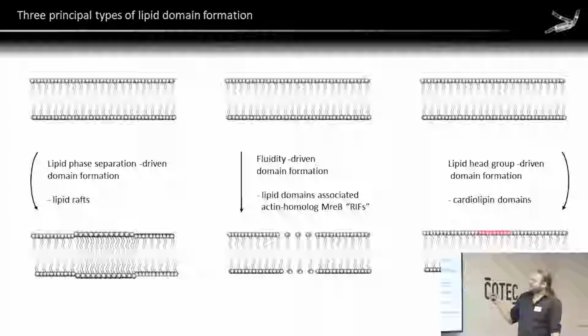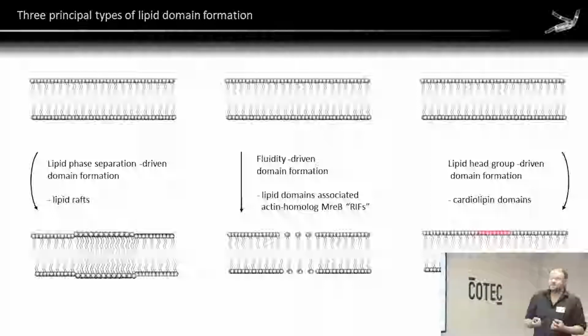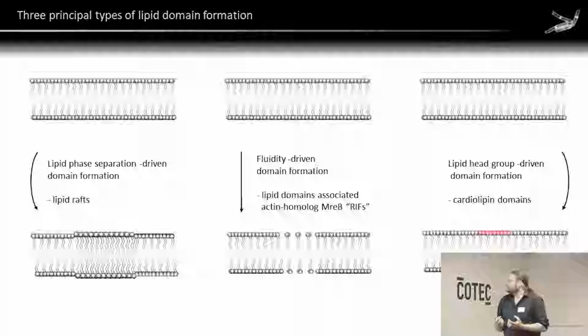And at last, we can have lipid head group-driven domain formation. This is the first type of bacterial lipid domain that was characterized. It's called the cardiolipin domain, which was shown to form clusters. This is not necessarily related to fluidity, but to different local head group composition. But of course, it's worth mentioning that this is all very simplistic, so it's not so black and white.